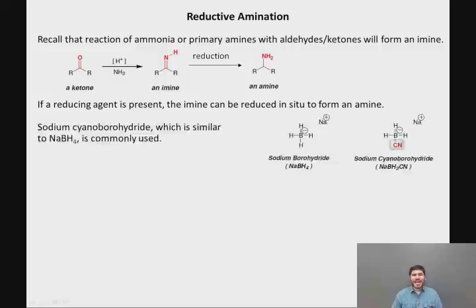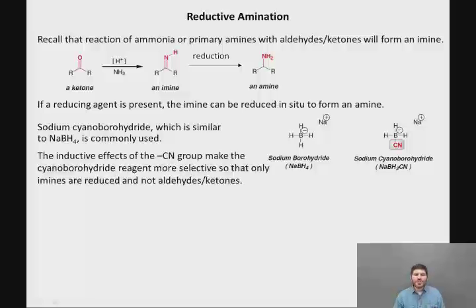So the reducing agent that we commonly use is called sodium cyanoborohydride. Okay, you've already learned about sodium borohydride, so this is a close cousin of it. You've also learned about lithium aluminum hydride. This is a more distant cousin of lithium aluminum hydride.